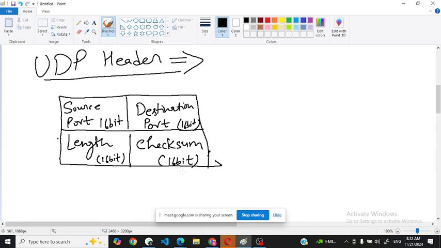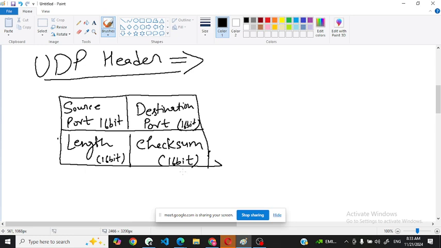Abdul, would you like to explain it? The source port is very self-explanatory. Whatever he said, the source port identifies the source, and the destination port is whatever the destination port is in protocols like HTTP or SMTP.